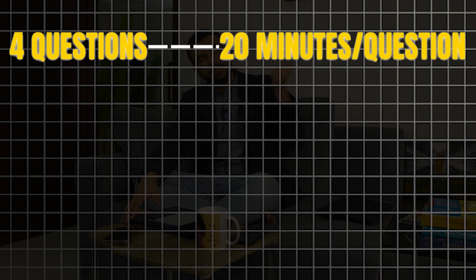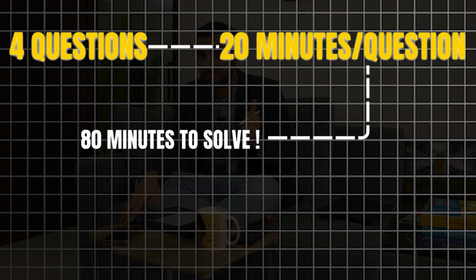If you're attempting an 8 marker question, you give 8 minutes. If you're attempting a 12 marker question, you give 12 minutes, and ideally 20 minutes per question. So you have 4 questions, and 20 minutes per question means you are allocating 80 minutes to attempting the questions.